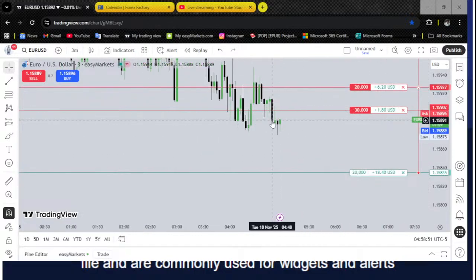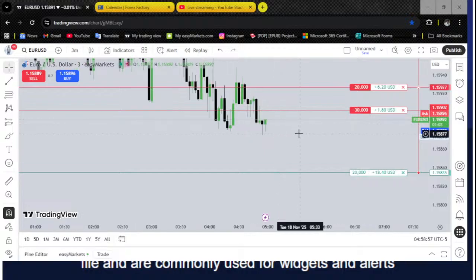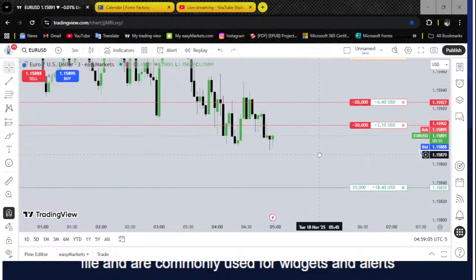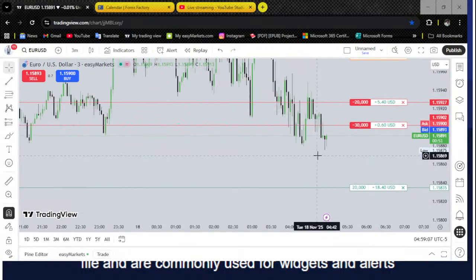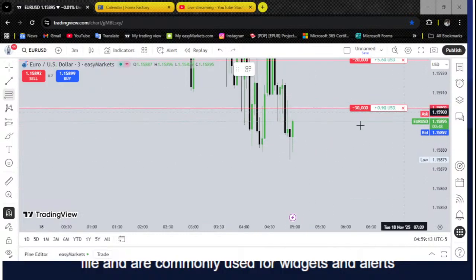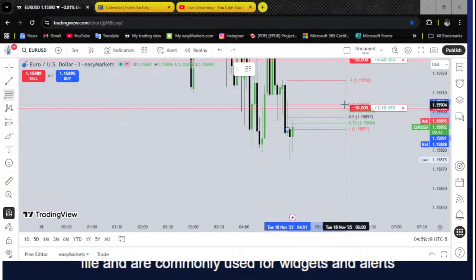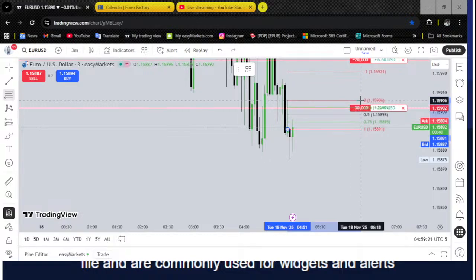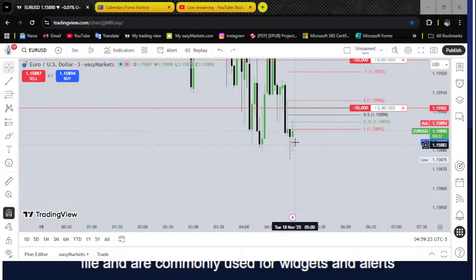I want to watch how the market is going to behave on this week, this 351 week candle. Touch to the low quadrant of this week.